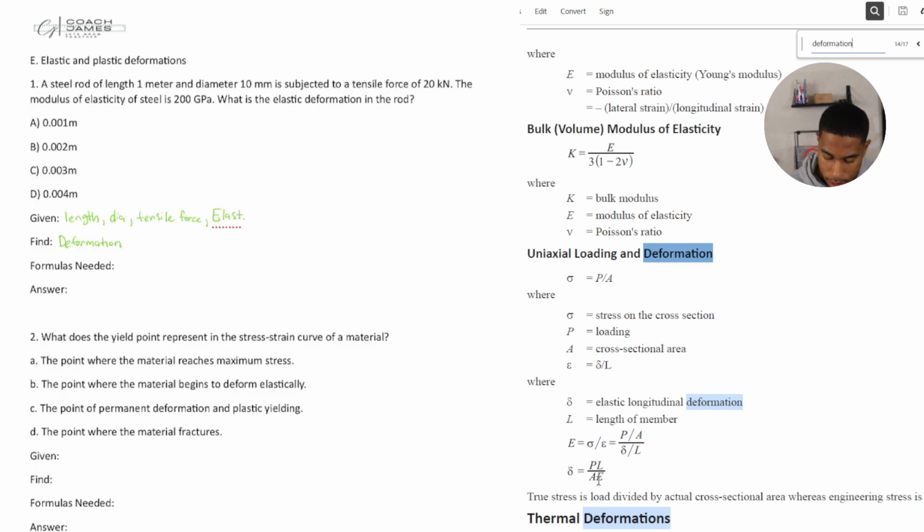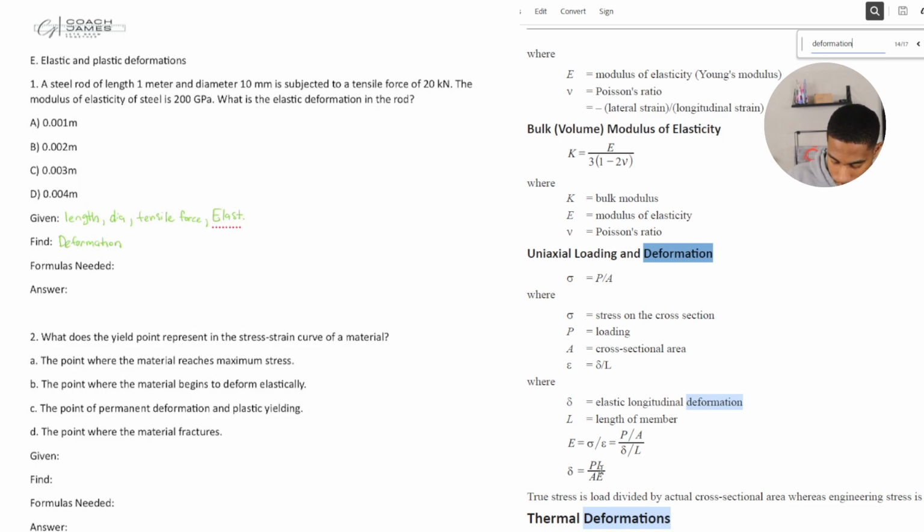Maybe not. We're given the diameter, and if we're given the diameter of the rod, we can get the area that's being loaded. And then we are given the modulus of elasticity.